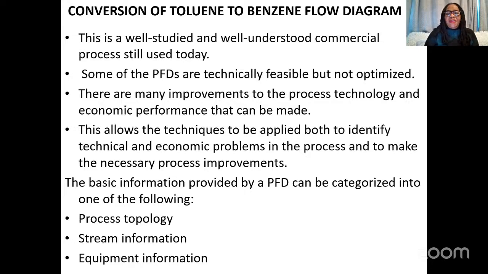So the basic information provided by a PFD can be categorized into one of these three: process topology, which we're going to look at in detail, stream information, which we'll look at in detail, and the equipment information.